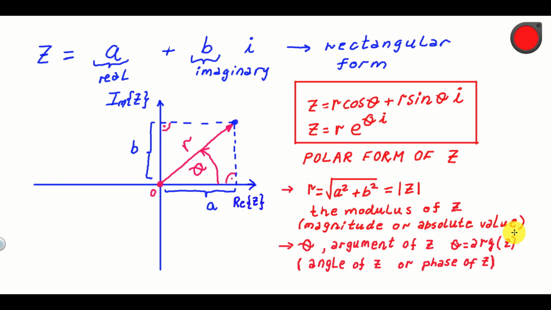These are equivalent expressions. Then we have this angle theta. Theta is called the argument of our complex number z, and often you will see that theta is written as arg of z. In the literature, theta is also called the angle of z or phase of z, especially in control theory literature.